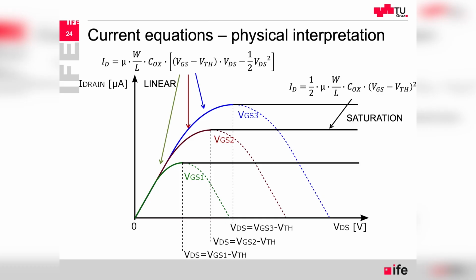For example, in current mirrors, if we have two transistors and one of them has gate and drain voltage equal, so it's certainly in saturation, and the other transistor has exactly the same gate voltage, then no matter what we apply at the drain, we know that the current is always the same because it's constant, except some second order effects that we're also going to discuss, which make it a bit more complicated.